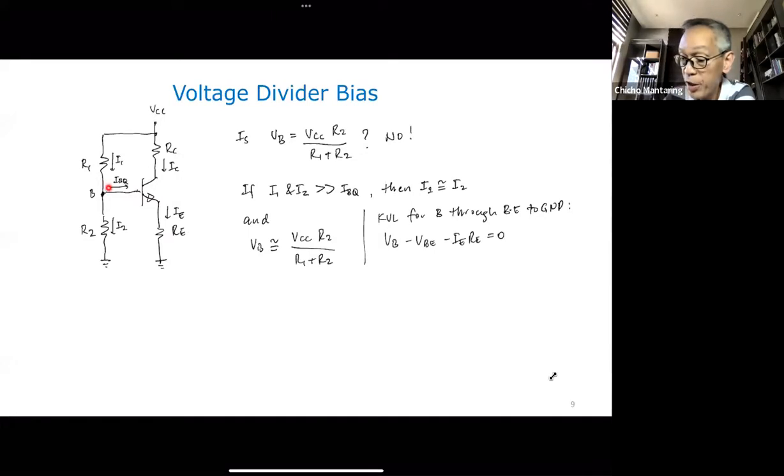RE is equal to 0. V sub B, the voltage here, minus VBE. So this is VBE. Minus IERE is equal to 0. And I can compute now for I sub E. I sub E is VB minus VBE over RE.